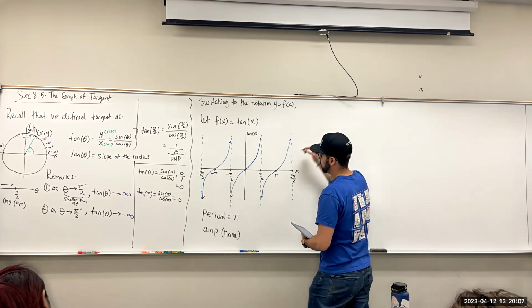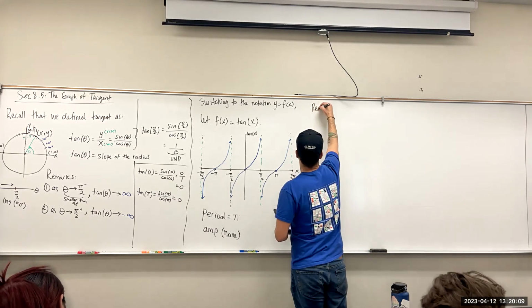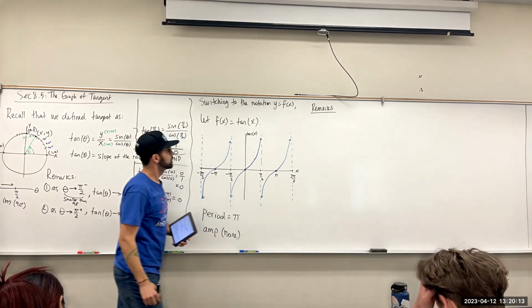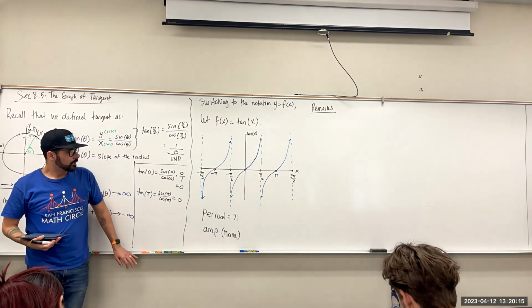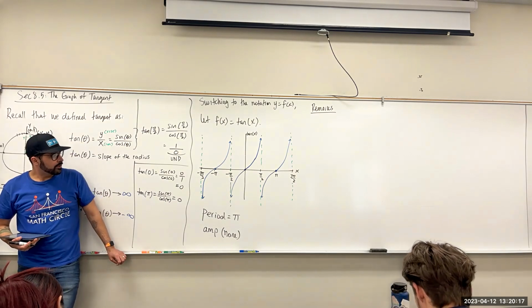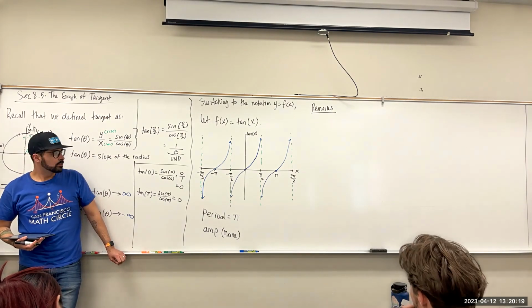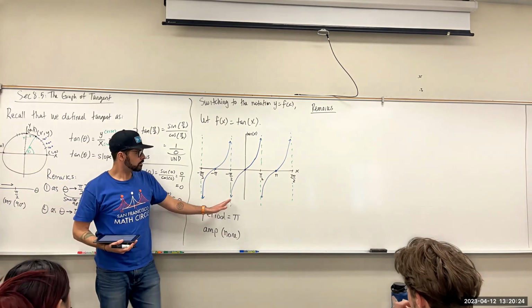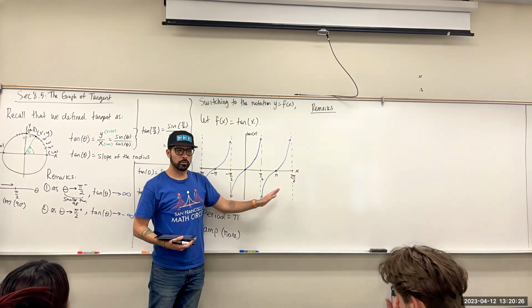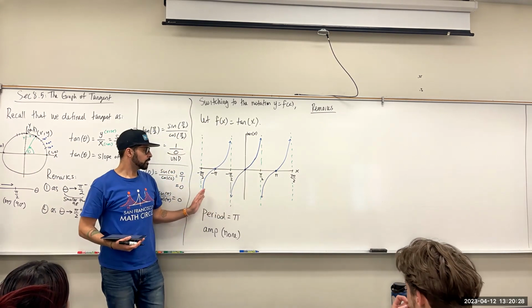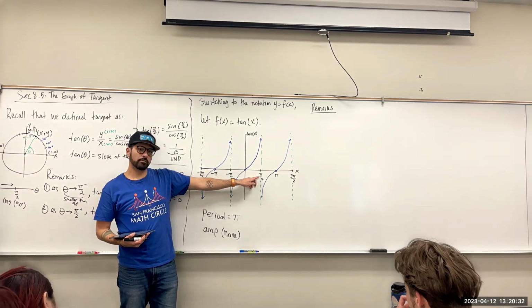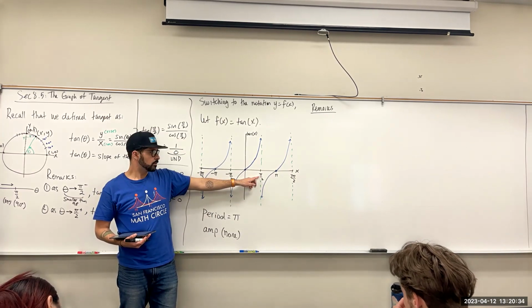So let me add a couple more things that you want to make sure you know for your tangent. Where do we seem to have vertical asymptotes? Multiples of pi over 2. So 1 times pi over 2 is here. What about 2 times pi over 2?